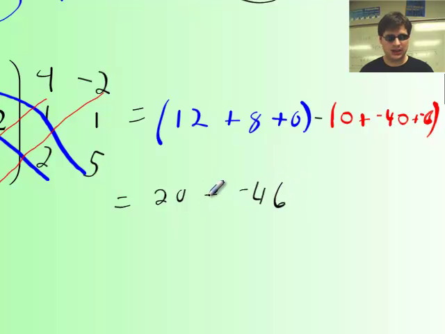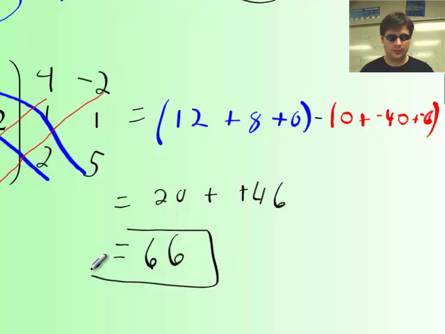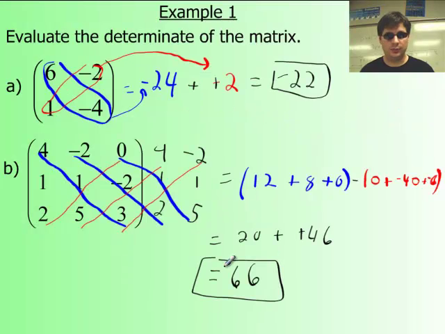Remember, that's a minus sign in there, so we're going to end up adding these together. So that's going to give us 20 plus 46, which is 66. And that's our determinant for our 3x3.